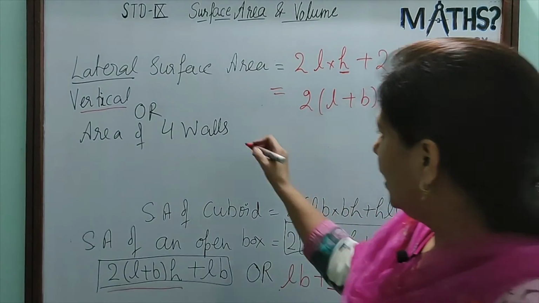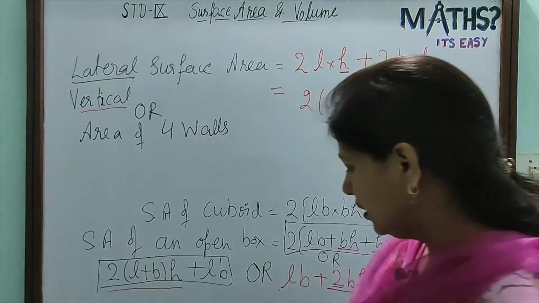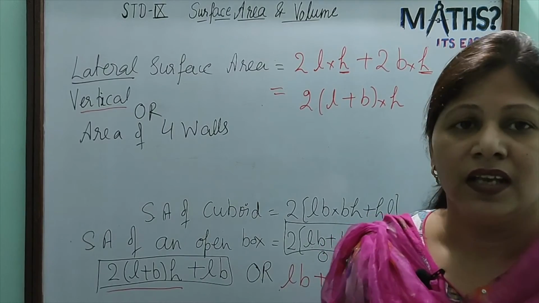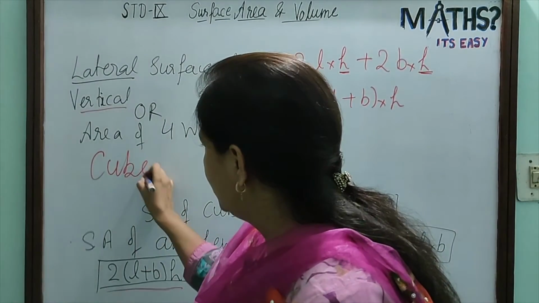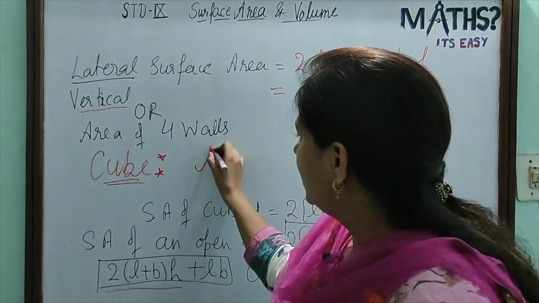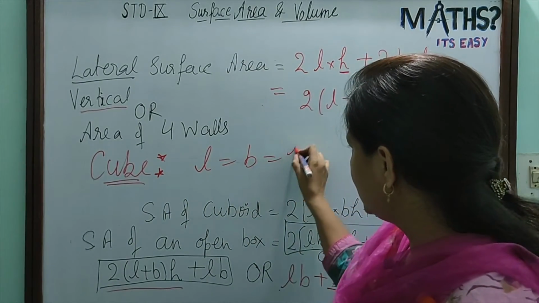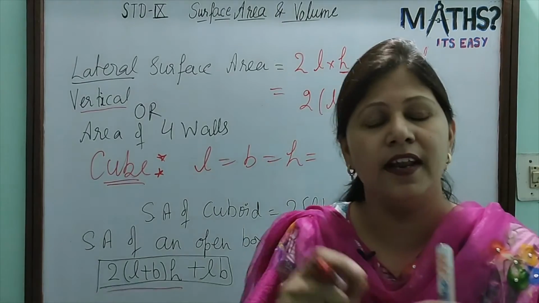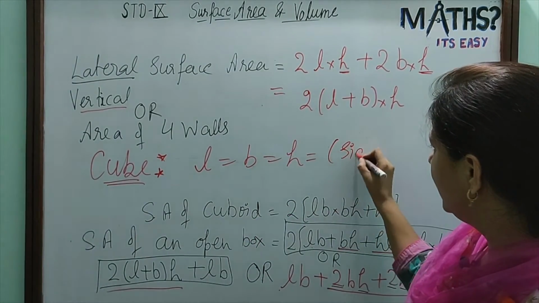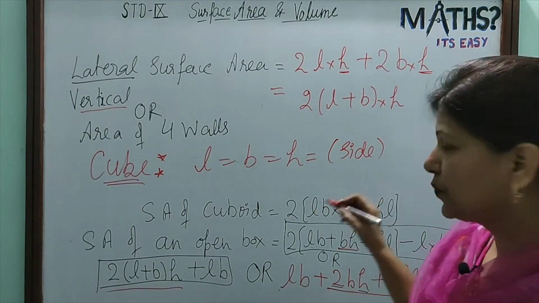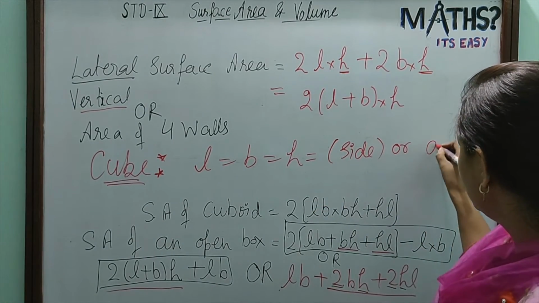Okay. Along with this cuboid, let us understand the shape of the cube also. So again, in the cube, as you know, length is equal to breadth is equal to height. All three dimensions are equal. So each dimension is further named as side or A we can write.